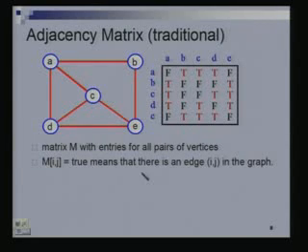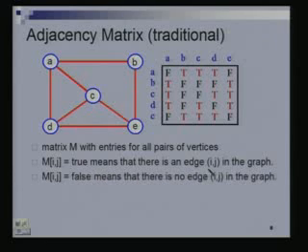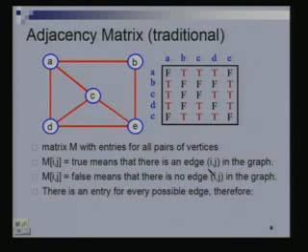Okay, so M_ij true means that there is an edge ij in the graph. M_ij false means that there is no edge in the graph, and the space requirement is n squared. So it's again a very simple implementation. It's also quite efficient in a certain sense.